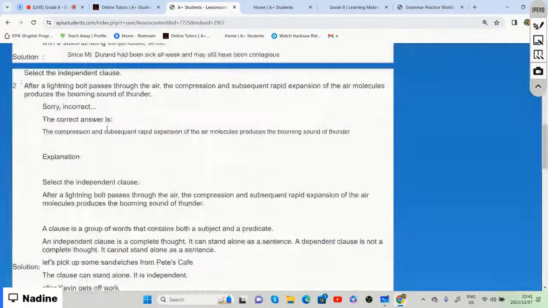All right, so now they say we need to select the independent clause. We already selected a dependent clause. Now we're going to select an independent clause. After a lightning bolt passes through the air, the compression and subsequent rapid expansion of the air molecules produces the booming sound of thunder.